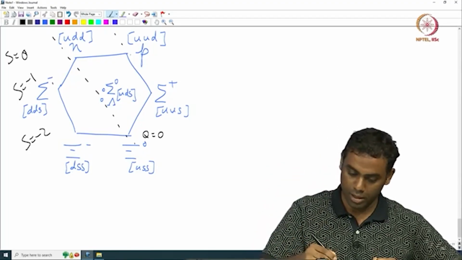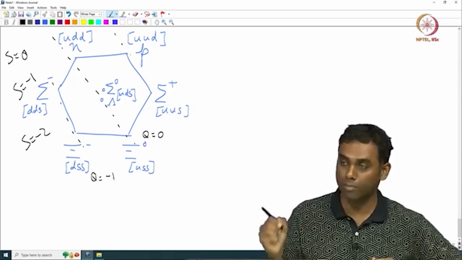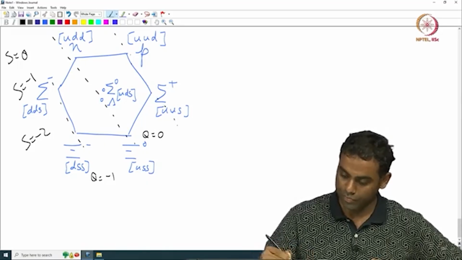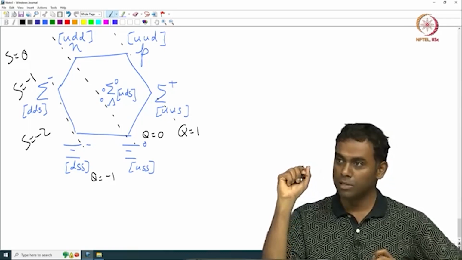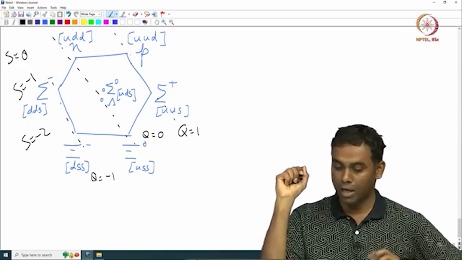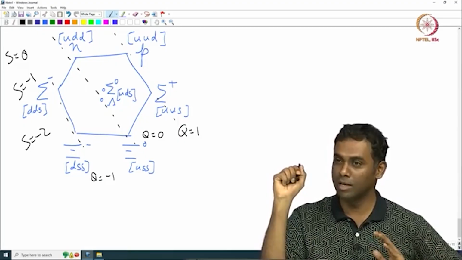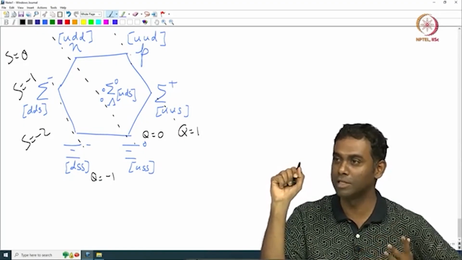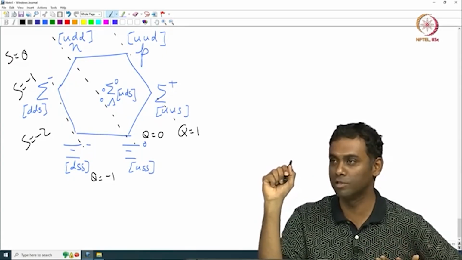And this one, obviously I put a minus, has a charge of -1, and this row has a charge of +1. So they all fit into a nice pattern, and just by drawing these diagrams, Gell-Mann was able to predict the masses of new hadrons that were not discovered yet. So this is another very neat use of the symmetry principle.